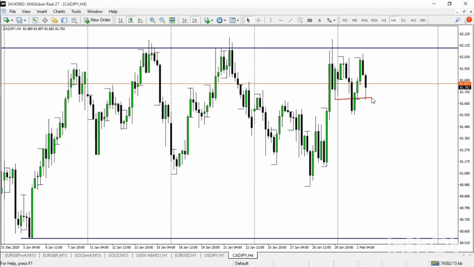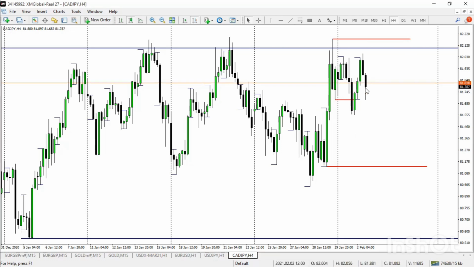We have this type 2 reversal here. Higher high, higher low, failed to make a high. And this is internal structure too. This is our previous higher low, and this is our new higher high. So this is all internal structure, a 4 hour bearish internal structure inside this big range here.